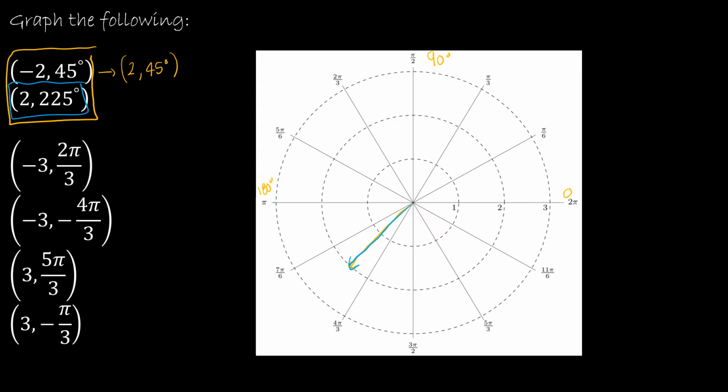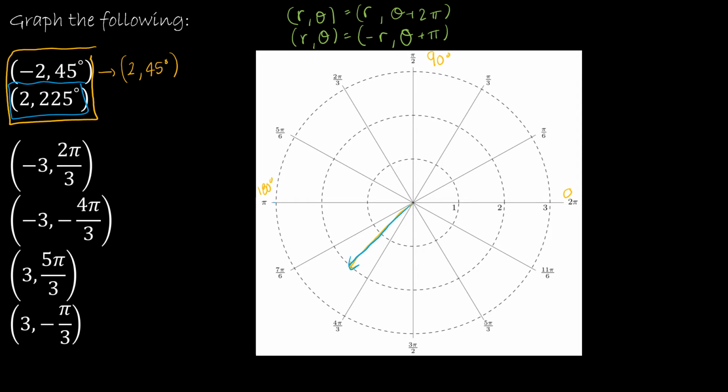We talked in our last examples about the fact that I could have (r, θ) represented as the same point as (r, θ + 2π). Another way to do this is to say if you have (r, θ), that's the same as (-r, θ + π).